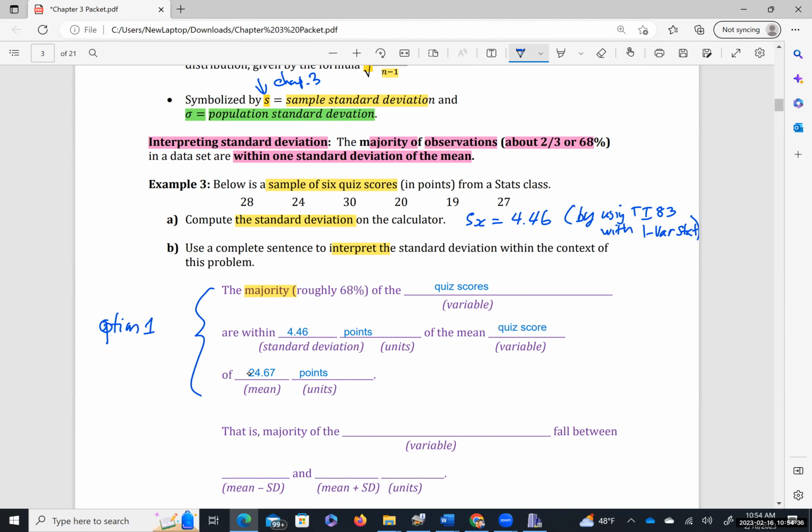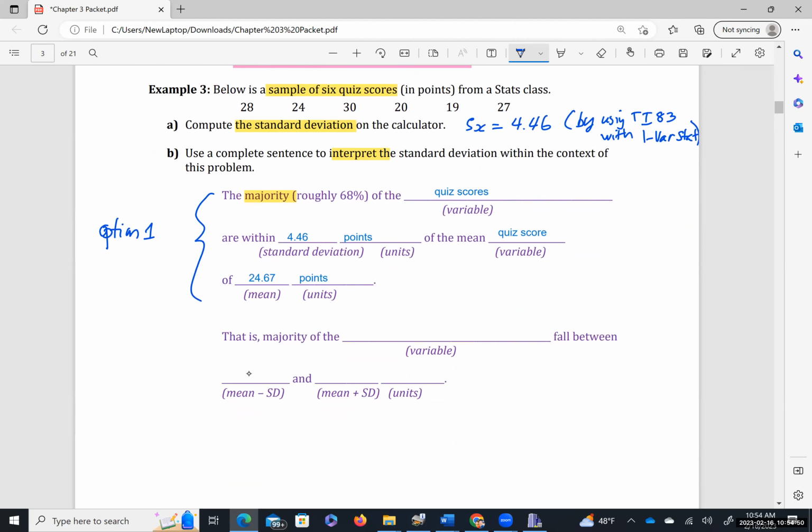Option 1: you say that the majority, roughly 68% of the quiz scores, are within 4.46 points of the mean quiz score of 24.67 points. Another way to say it, which I like better because it's shorter.